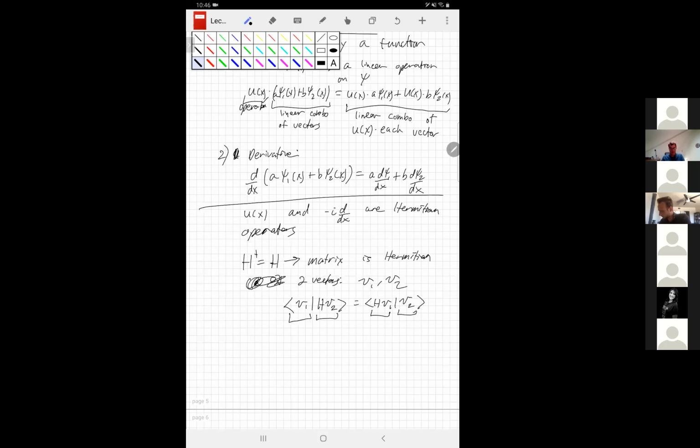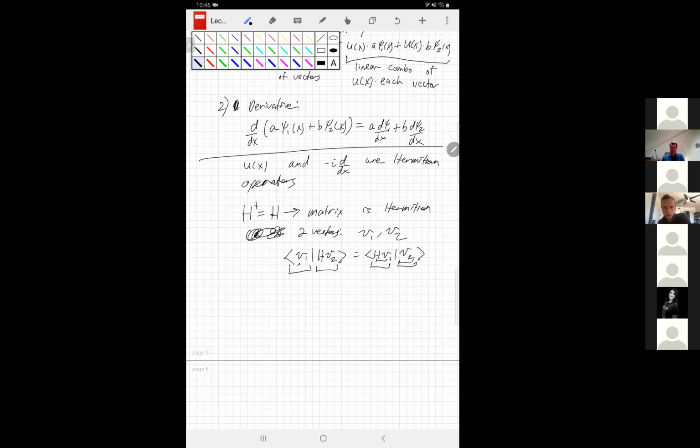You could multiply the matrix by this vector, then take the inner product with that vector. It'd be the same as having the matrix operate on this vector, then take the inner product with that vector. Well, for functions, it's not at all obvious, because naively we might think, okay, f times minus i dg/dx is in general, sometimes there are exceptions, but usually that's not the same.